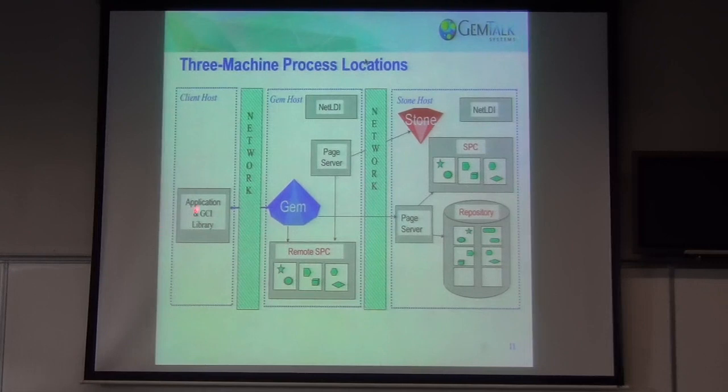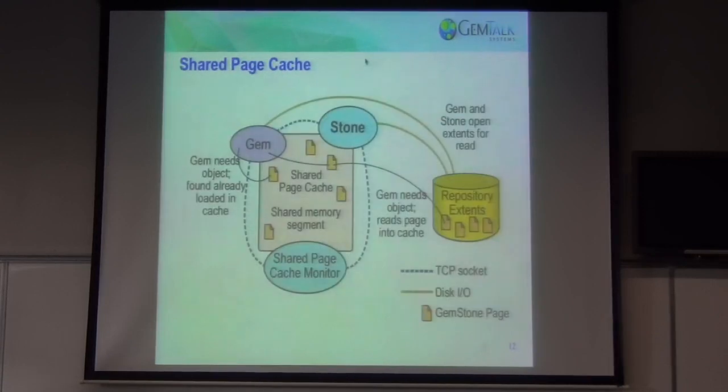You could insert a network here, so we can have three machines. The client application talks to a gem that is running here, and then that talks to the repository, the stone that's running on a third system. So we have a number of configuration capabilities.